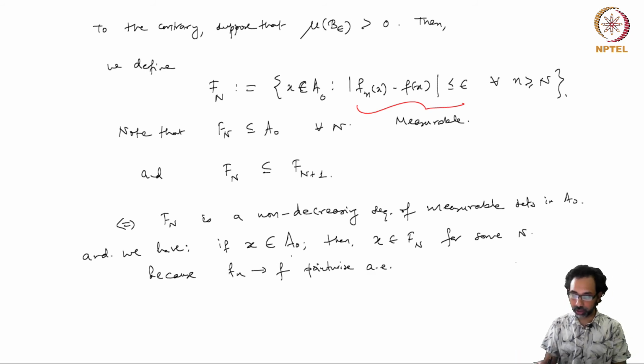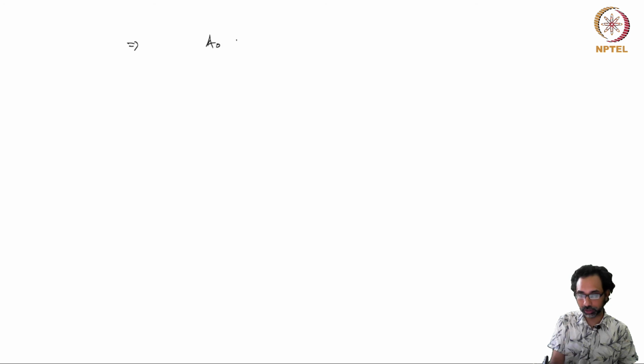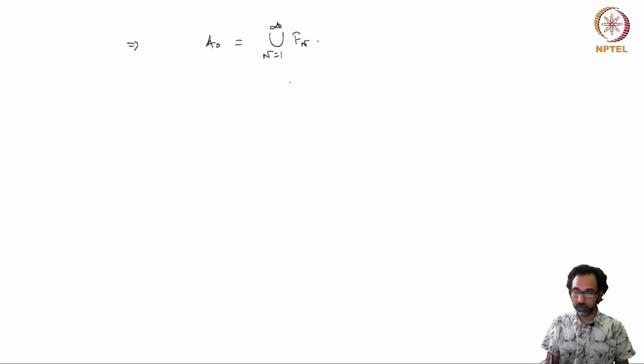So outside a null set, for almost every x in A0, x belongs to some F_N for some capital N, due to the pointwise almost everywhere convergence of the functions f_n to the function f. So this means that A0 can be written as the union of all these sets F_N, because it's a non-decreasing sequence of subsets, and A0 is a subset of this union. So A0 is actually equal to the union.